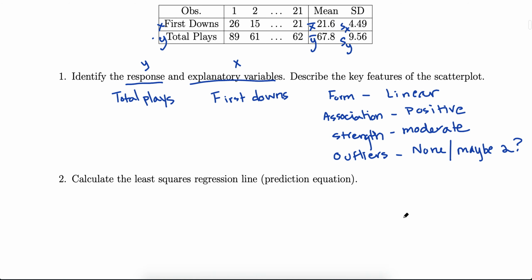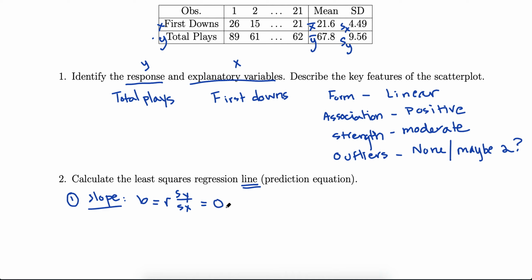All right, next bit, we need to calculate our least squares line. Remember, for the line, we need to do three things here, but our final answer needs to be in the form of the line. So hopefully you found your slope, b, and a reminder of that formula, r times sy over sx.